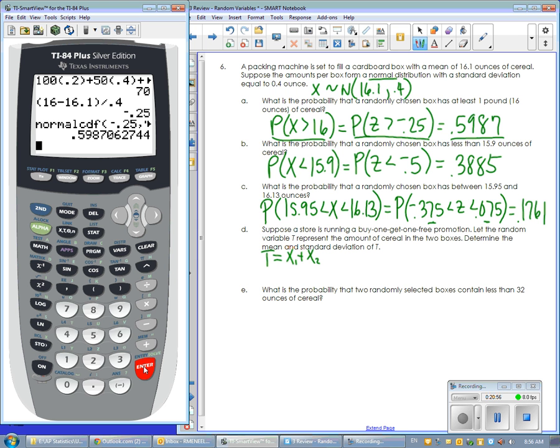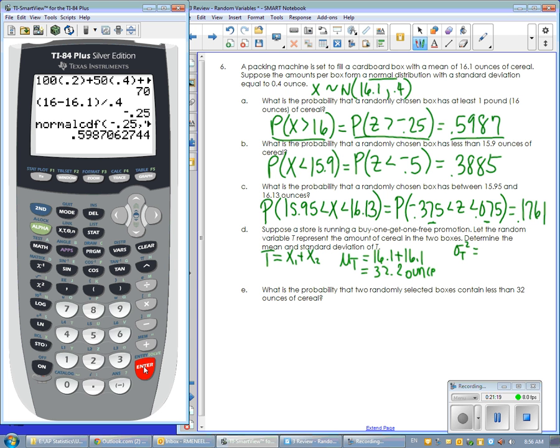So to find the mean of T, obviously, I'm just going to add the two means, the 16.1 plus 16.1, and I get 32.2 ounces. Okay, to get the standard deviation, I have to work with the variance. And so the variance of T is going to be the sum of the variances.